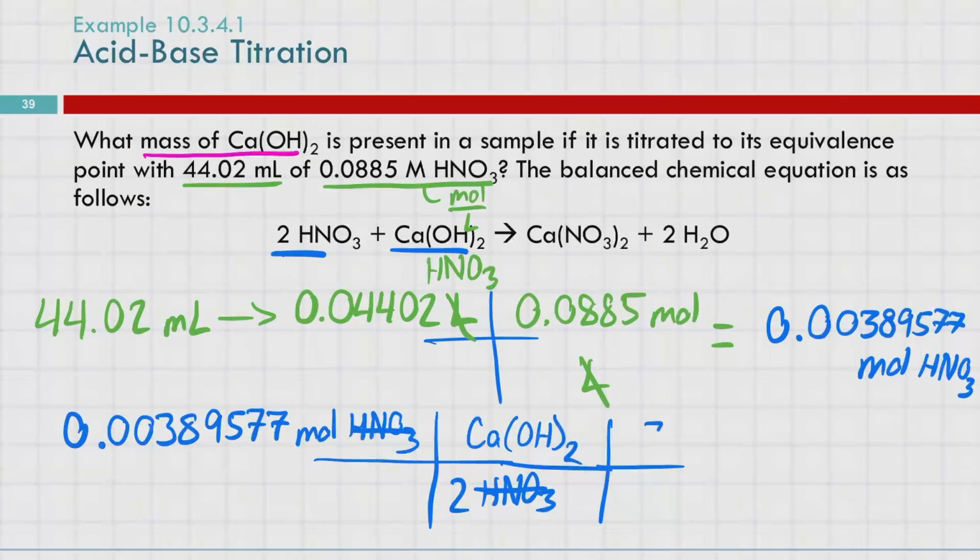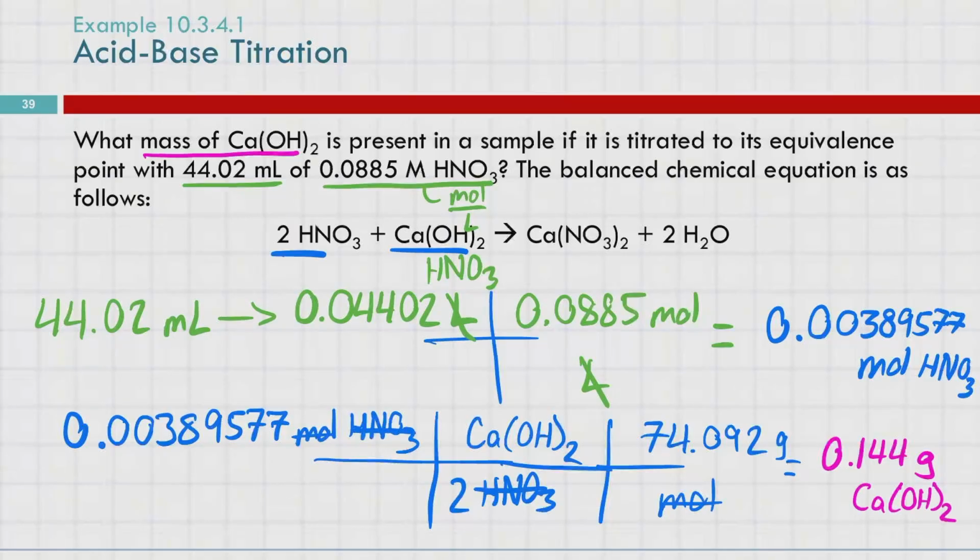Multiplying by our molar mass, you should know how to calculate molar mass, we get 0.144 grams calcium hydroxide.